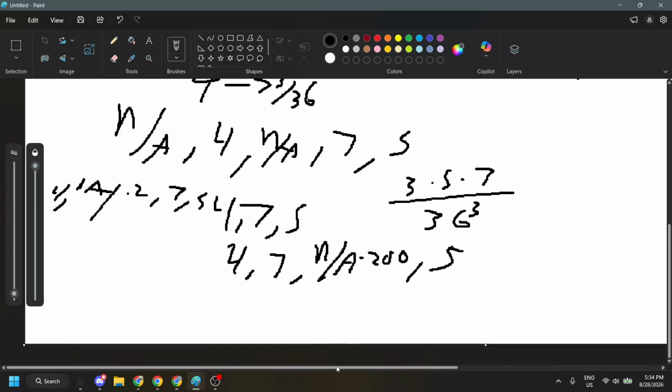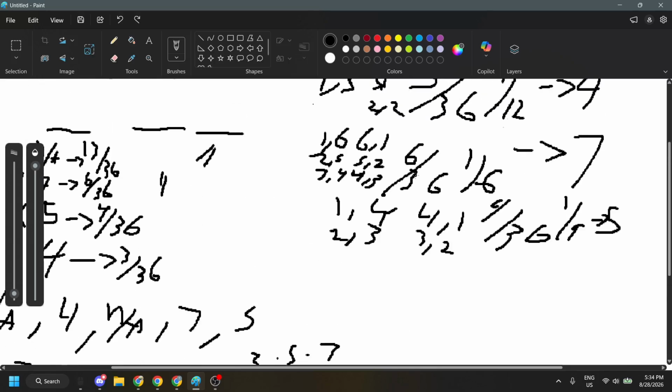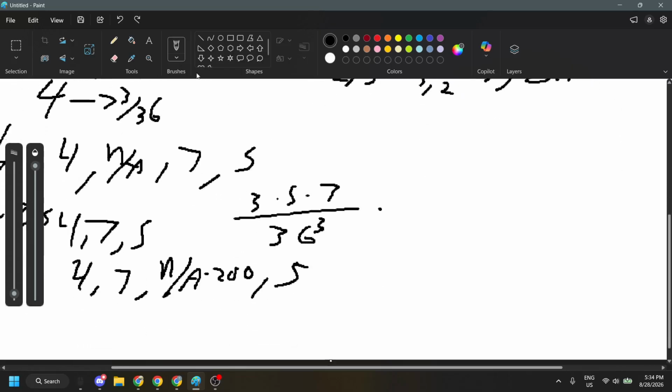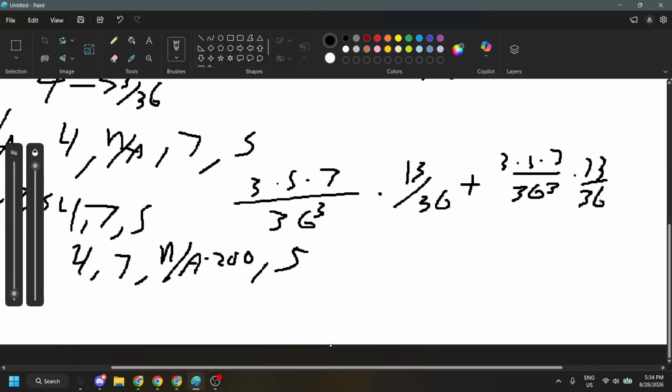The NAs don't count. So I think we just need to multiply this by the sum, or the product? So it's this times 13 over 36 plus 3 times 5 times 7 over 36 cubed times 13 over 36 squared.